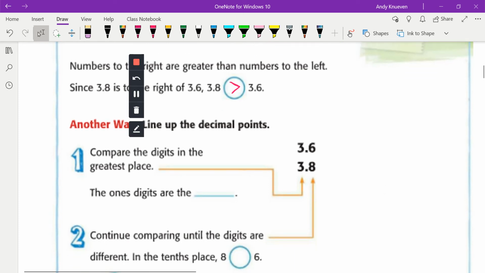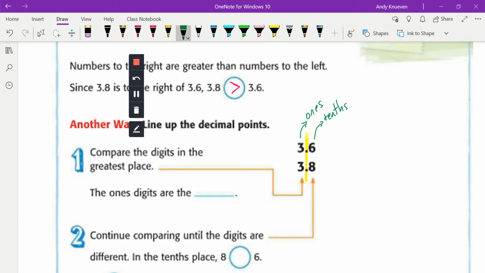So compare the digits in the greatest place. I line them up, 3.6 and 3.8. It's important to notice that our decimal point is lined up, because that tells us that our ones place is lined up and then our tenths is lined up.